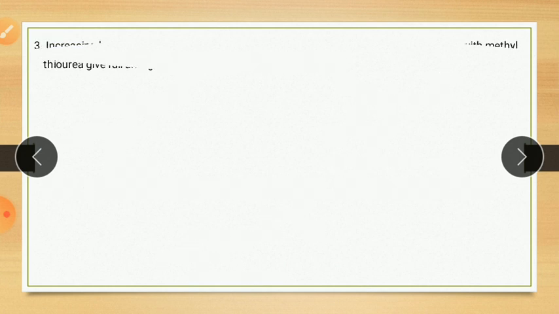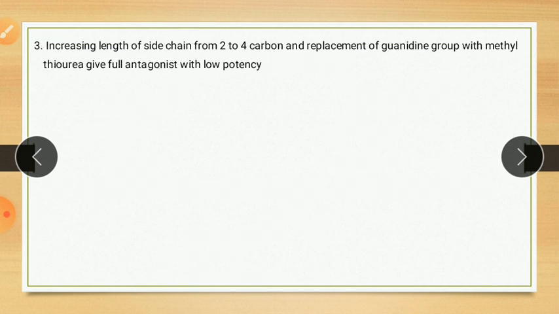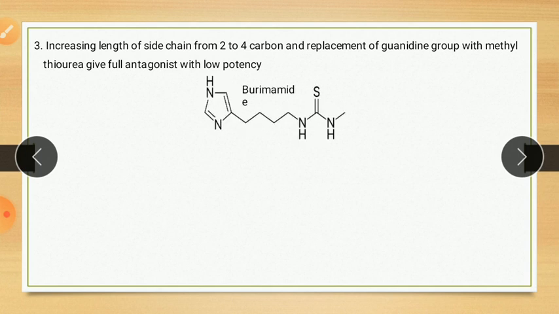Next point, increasing the length of the side chain from 2 to 4 carbons coupled with replacement of the strongly basic guanidine group by methyl thiourea leads to the development of burimamide, the first fully H2 receptor antagonist but with low potency.